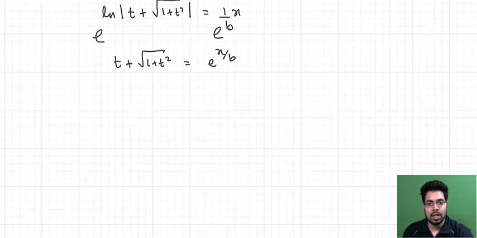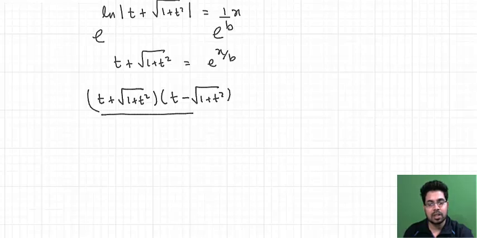Now let's rationalize this. I'll multiply and divide by t minus root under 1 plus t square, and this is equal to e to the power x by b.